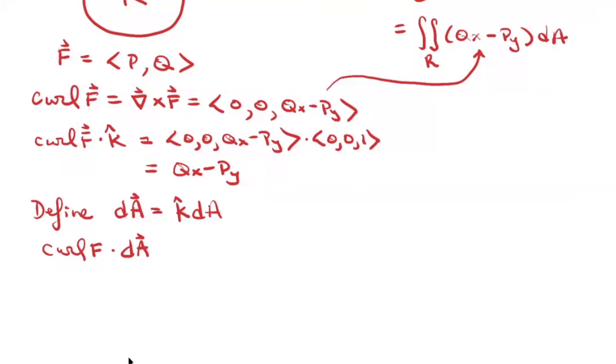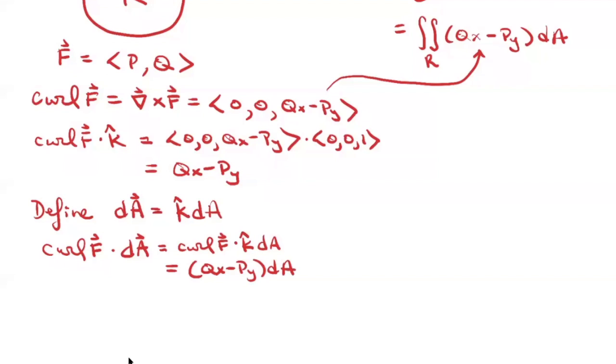Even though arc length is a scalar, we have a dr that's sort of a displacement, and the length of the vector is arc length. So curl F dot dA would be curl F dot k-hat dA, and we already said this is Qx minus Py dA.